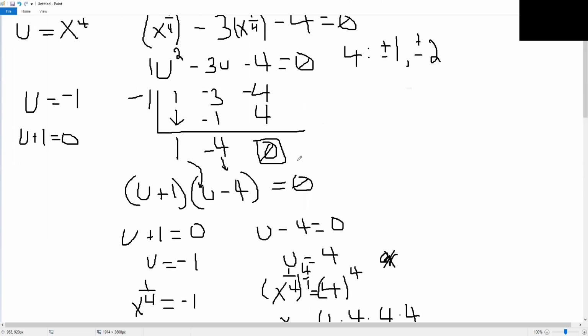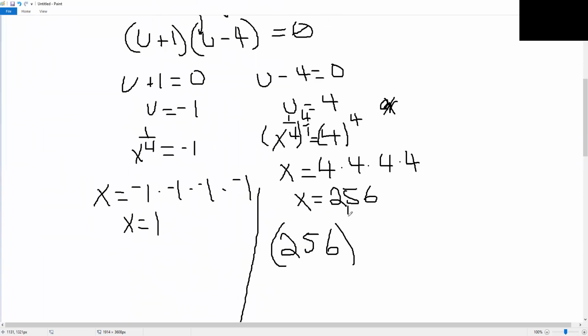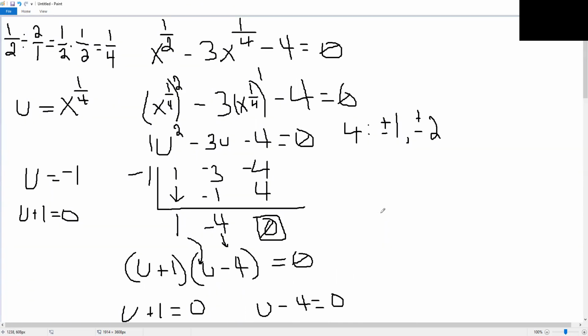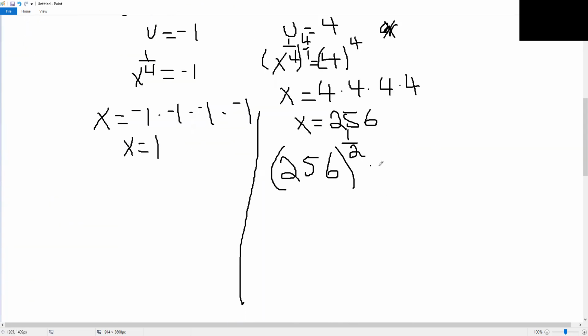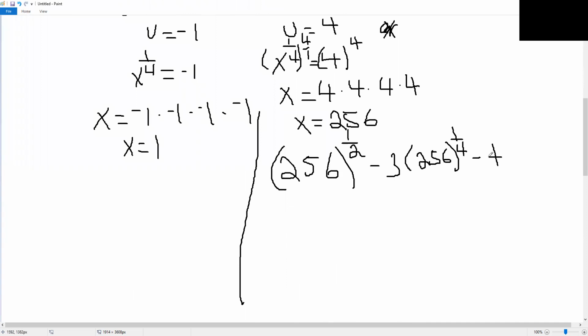Seems more fun. 256 to the 1/2 minus 3 times... uh-oh, not x. I am substituting x. 256 to the 1/4 power minus 4 equals 0. That's the test.